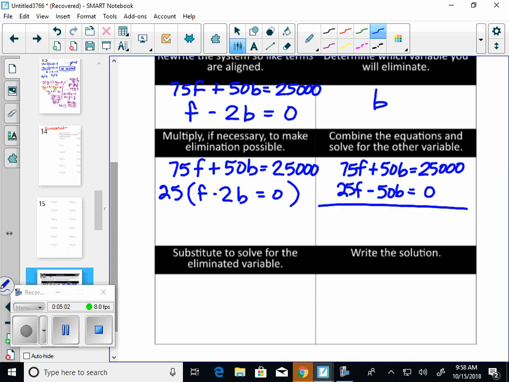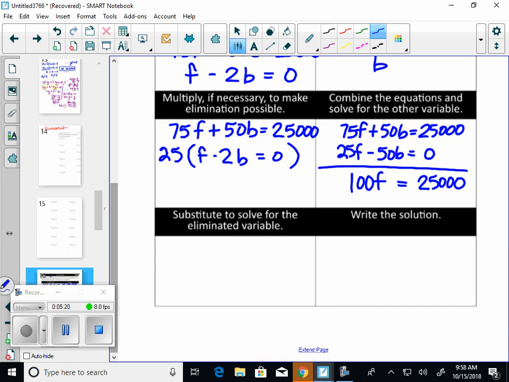And I know that I'm going to eliminate the B's. So what is 75F and 25F? That's 100F, and that's going to be equal to 25,000. Then divide by 100. So F is equal to 250.